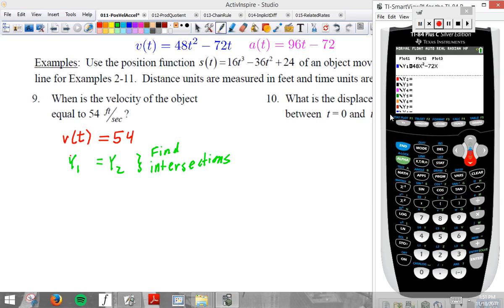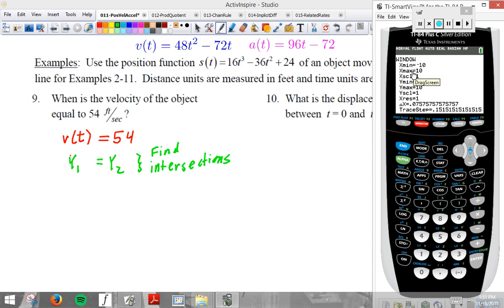And we're going to look for where this function will meet this line. Now I know this is a horizontal line, and I know this is just going to be a parabola. I know where this line is in terms of the window setting. We're going to hope our x min and x max don't have to change.